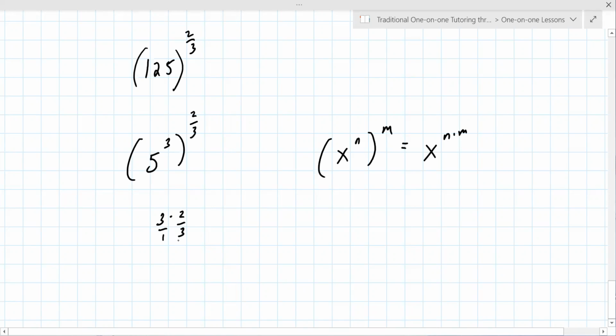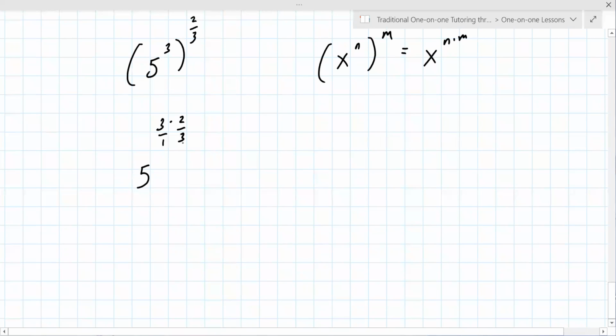Well, it's 3 over 1 times 2/3. The 3's cancel and you get 5 squared, which is just 25. Okay. Is that okay?